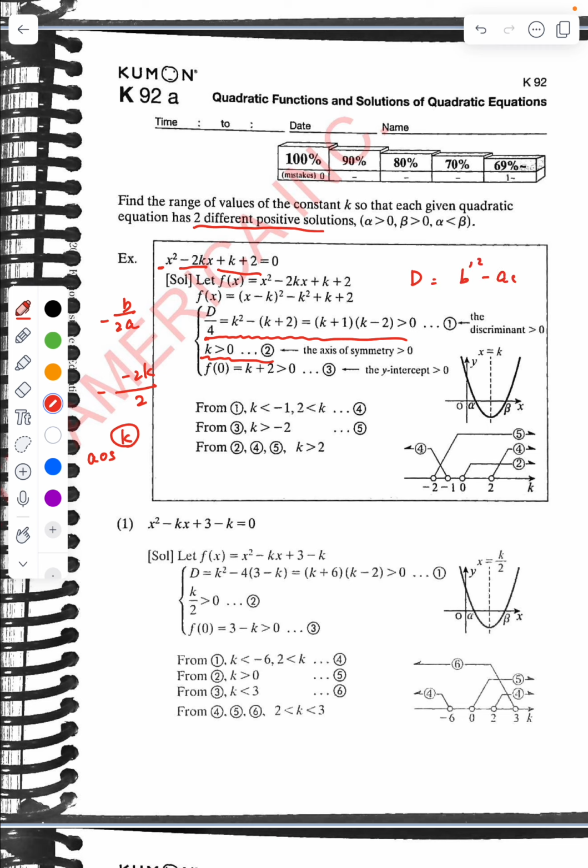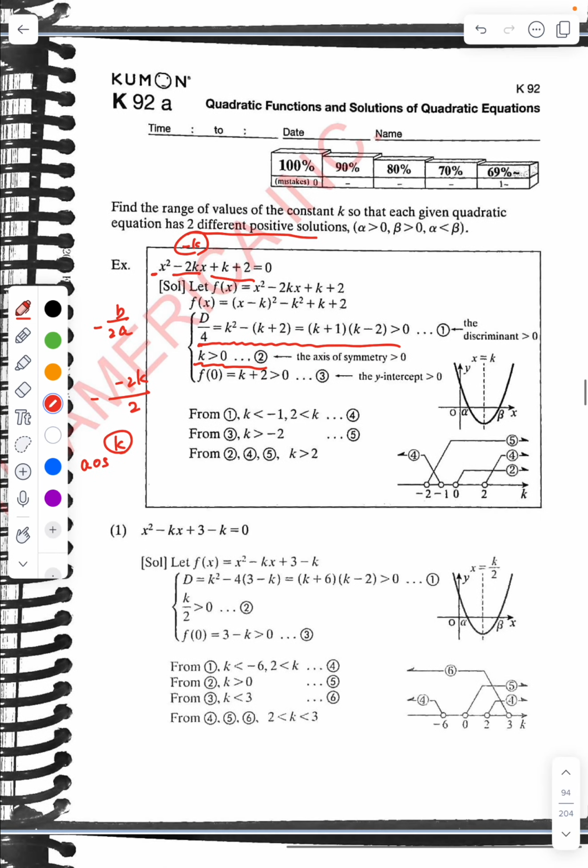B prime in this case is our negative k. So negative k to the power of 2 minus a times c, which is 1 times k plus 2. That's why you're getting the k plus 2 here. So k squared minus k plus 2. In this case, we have to factorize it. Once we factorize it, we get k plus 1 bracket and k minus 2 has to be greater than 0.